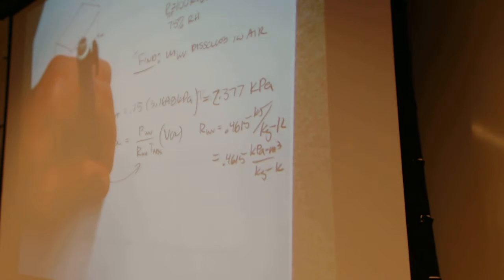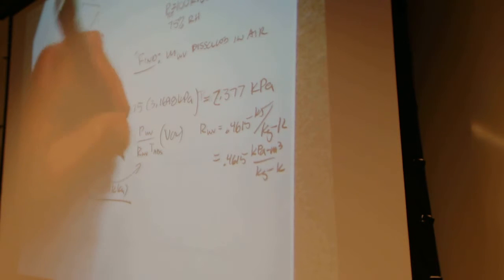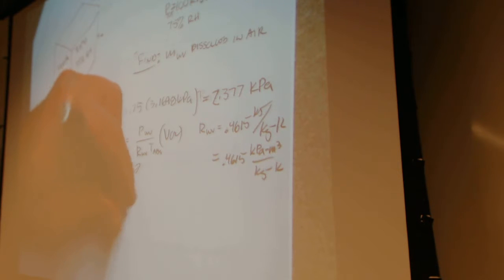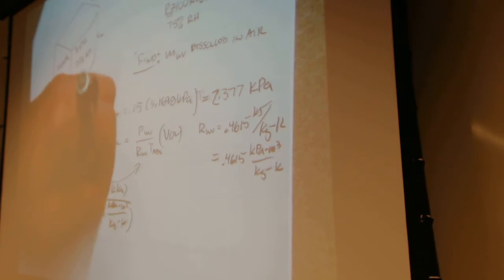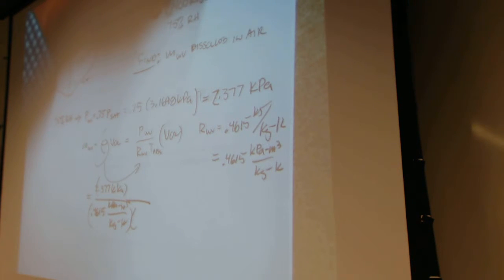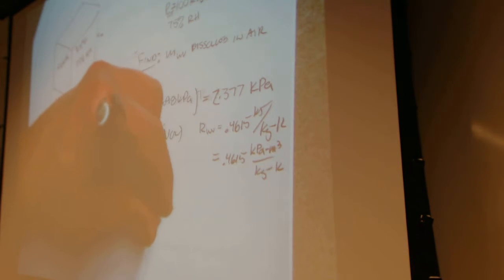So pressure of water vapor is 2.377 kilopascals. Divide that by 0.4615 kilopascal meters cubed per kilogram Kelvin, times 298 Kelvin.